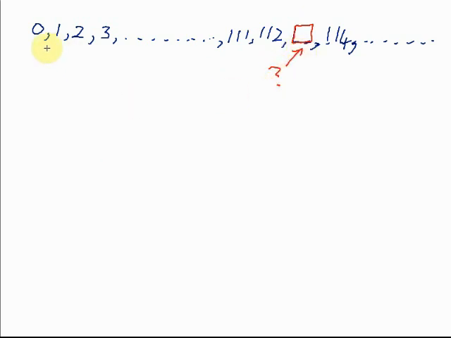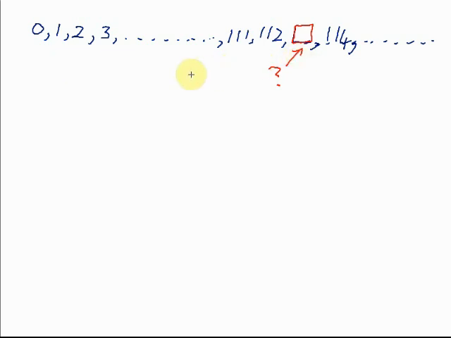Well, remember, we make this line of numbers, we write out the numbers by adding 1 to the previous one. We start with 0, then we add 1 to it, and we get 1, and then we add 1 to that, and we get 2, and then we add 1 to that to get 3. Now, following that same rule, to get to this number, we've got to add 1 to 112.